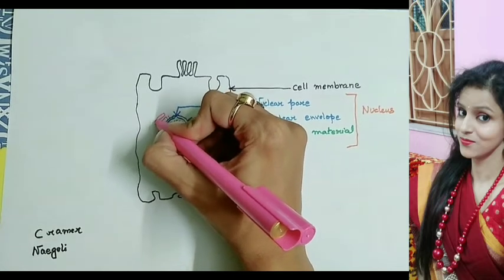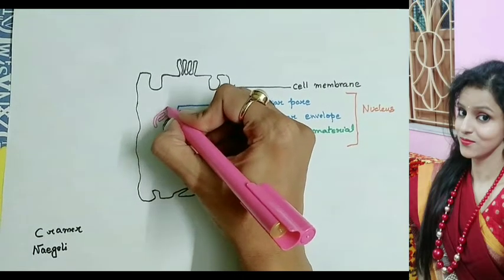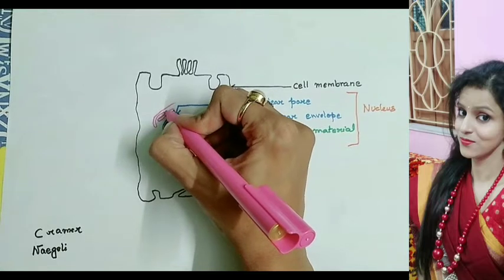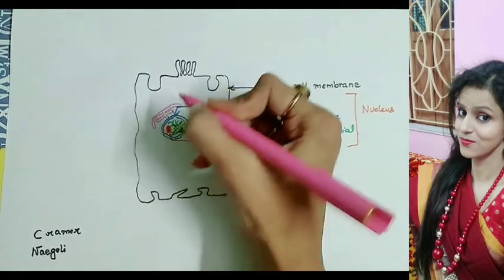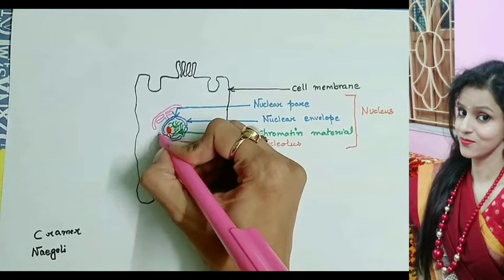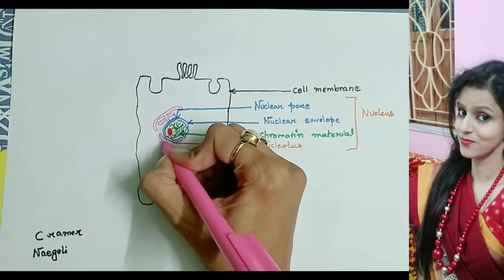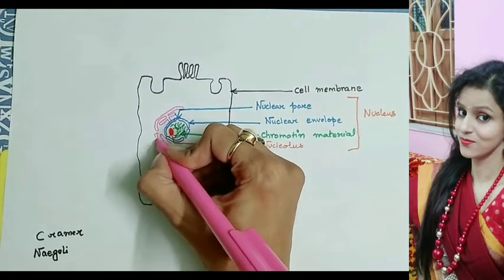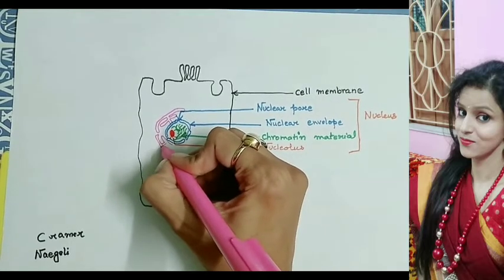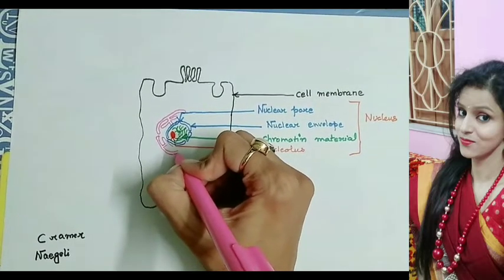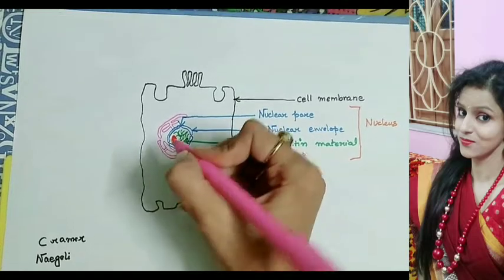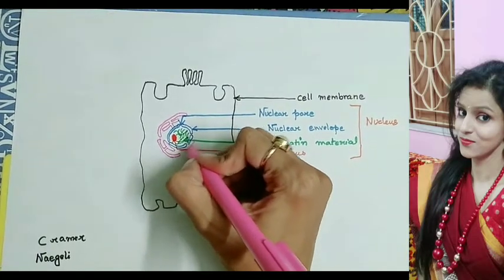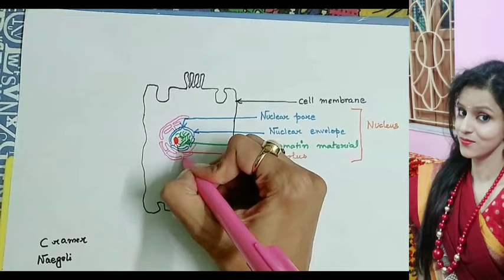You have to make one continuous structure in this way, and this type of structure should be present all around the nucleus. Okay, you have to make it in such a way that it surrounds the nucleus in all portions, just like this.